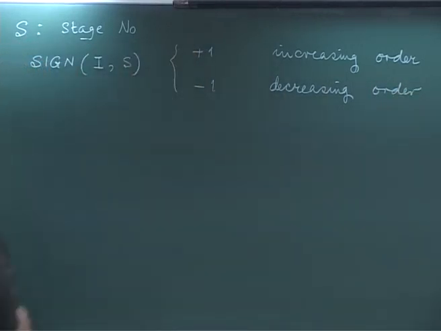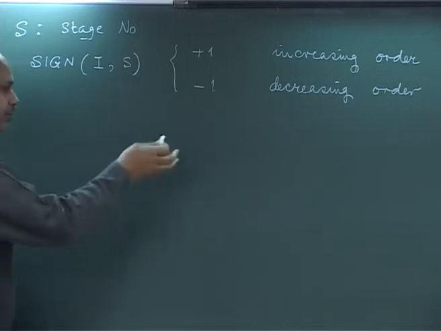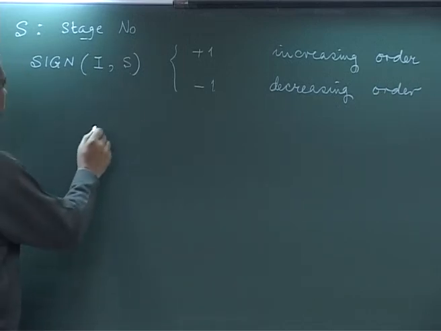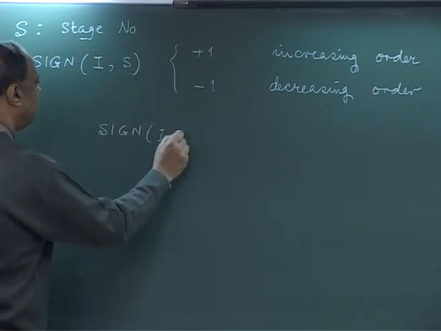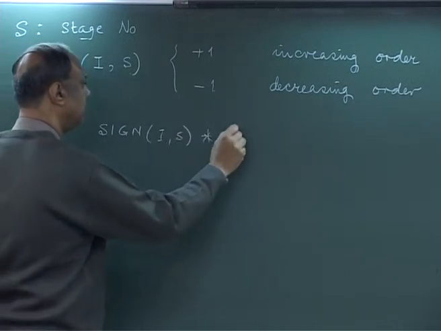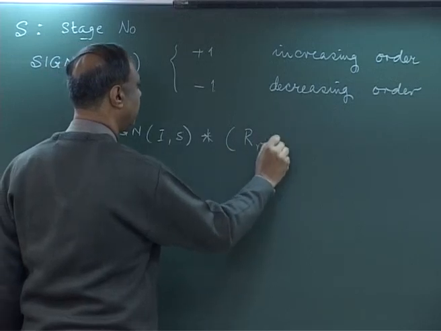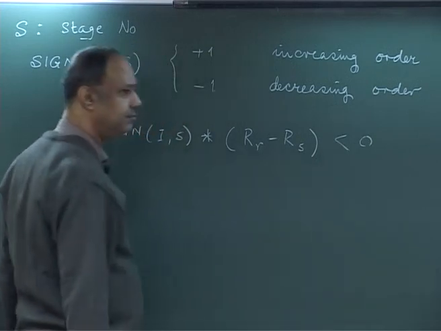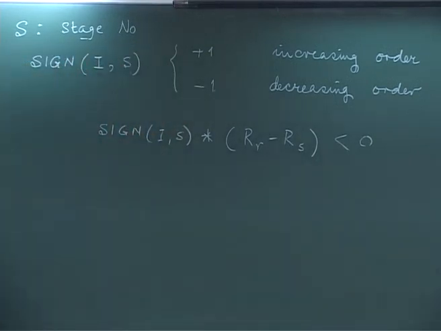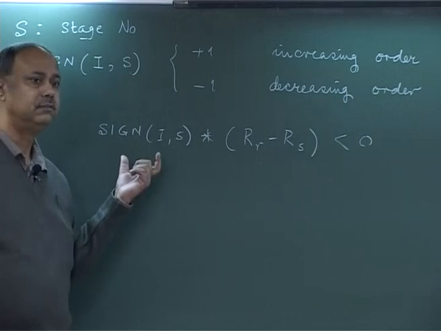Now, in order to compute whether you have to arrange in increasing or decreasing order, what you do is sign(I, S) times (RR minus RS). If you find this is less than 0, suppose sign is plus 1.